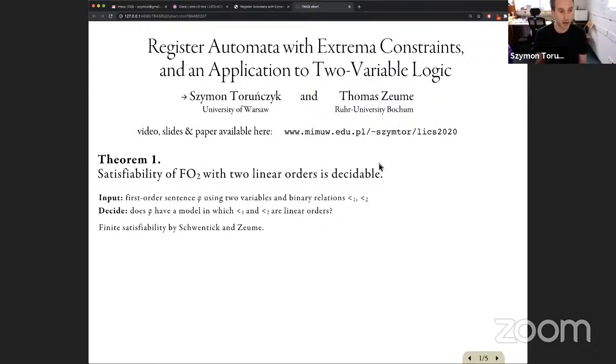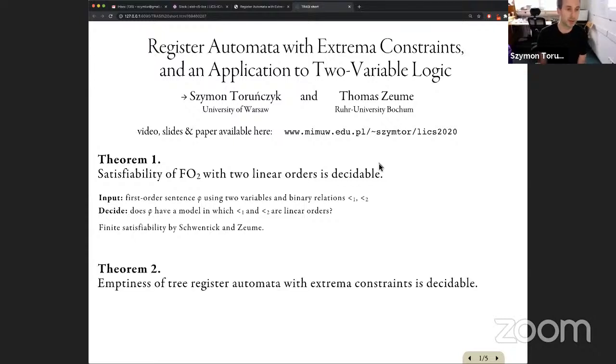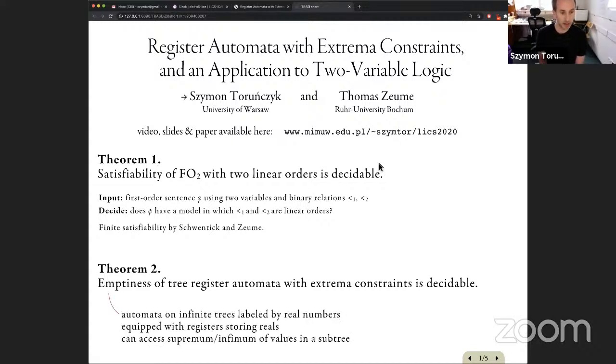And as a tool, we prove the following result, which talks about register automata, which we call tree-register automata with extrema constraints. These automata process infinite trees, which are labeled by values which are real numbers, and the automata are equipped with a finite number of registers, and those registers can store those real numbers.